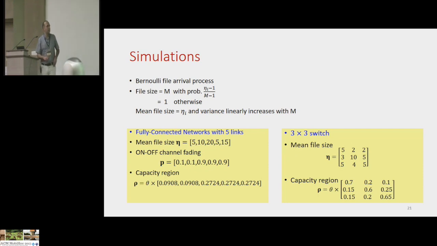Two metrics are of interest. One is the mean file size coming into a link. The other is the burstiness, governed by the probabilities here. You either get a large file of size m with some probability, and size one otherwise. So you have either short or big files, and the burstiness is the m that governs the variance of the file size.